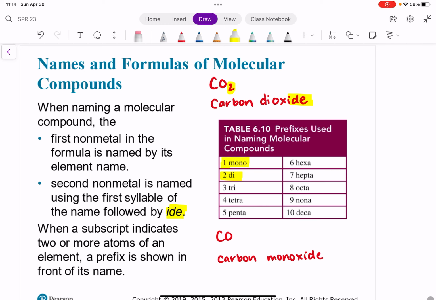That's the prefix, so we put that monoxide in front. It's not mono-oxide. If there are two vowels in a row, we drop one of them. So instead of mono-oxide, because that sounds kind of weird, we say monoxide.